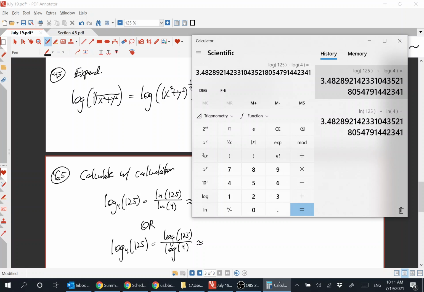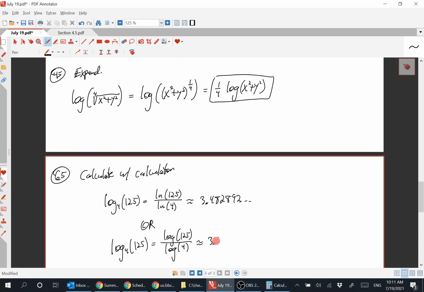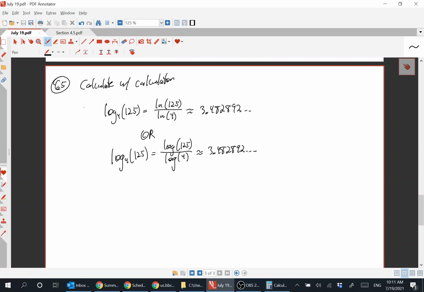Log base 10 of 125 divided by log base 10 of 4, same answer. All right, so that's 3.482892. All right, so different bases, they're not a problem. You can do them on your calculator easily with this change of base formula.